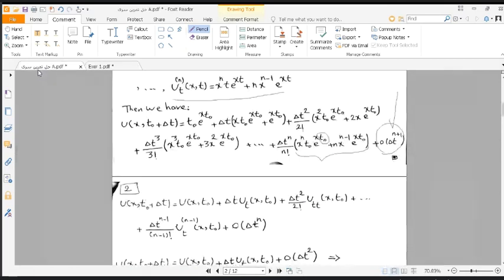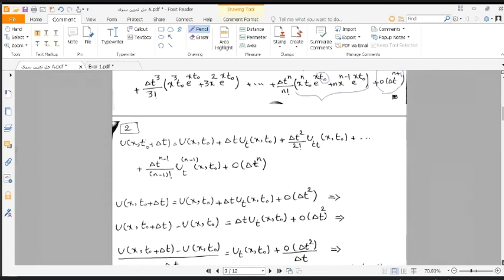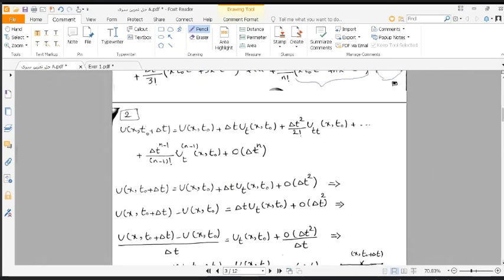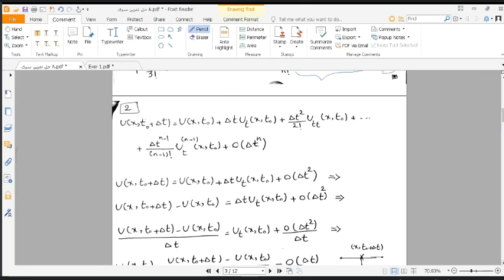For part A, similar to question 1, we write and apply the Taylor's theorem for u of x and t with respect to t, and it is the repetition of question 1.